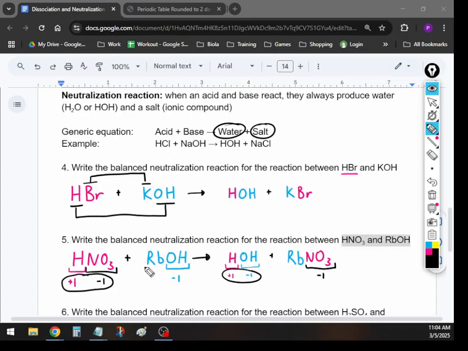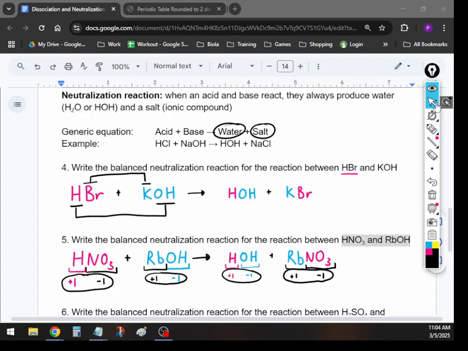And then the last part of the equation we need to look at is the Rb from the base. It needs to balance out the OH, which is -1, so this also needs to be +1. If you take a look at all the molecules, you see how they all balance each other out? It's +1, -1. That's the concept we're going to take into the last type of problem we're going to look at. The molecules all need to balance each other out with their charges.